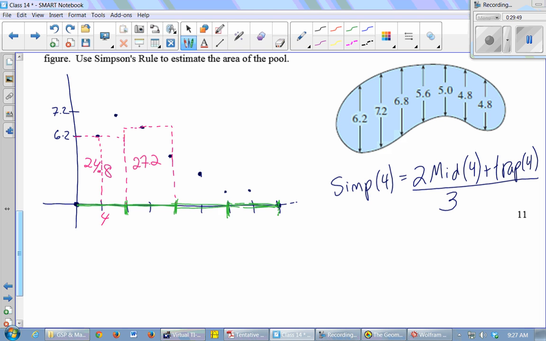Okay, so then my next interval, here's my midpoint. The base is 4, and that rectangle is at 5. 5.0 times 4 is 20. And then for my last interval, that midpoint is at 4.8. So 4 times 4.8, that's 16 plus 3.2, 19.2.